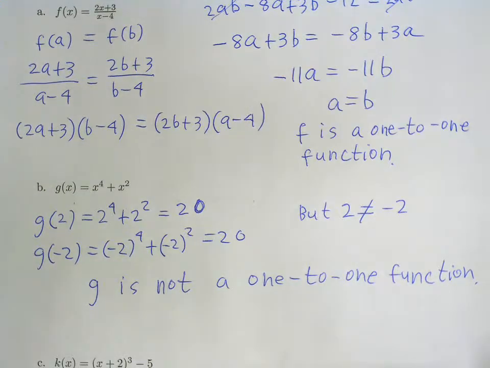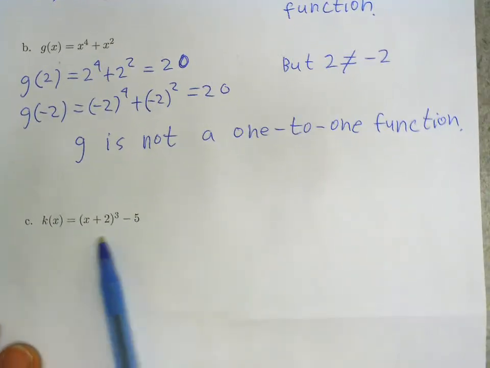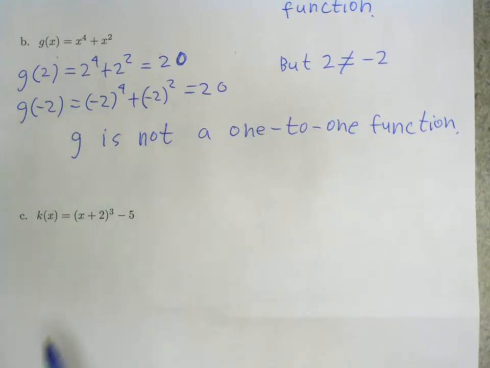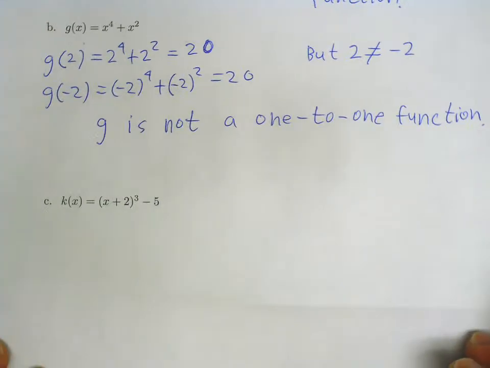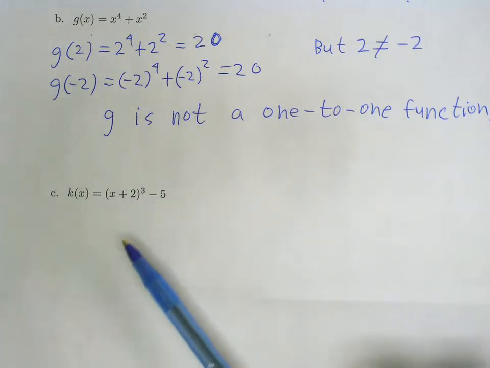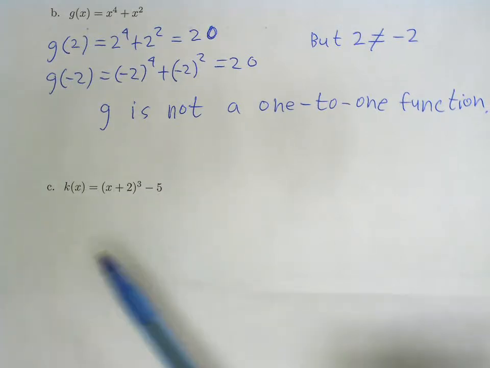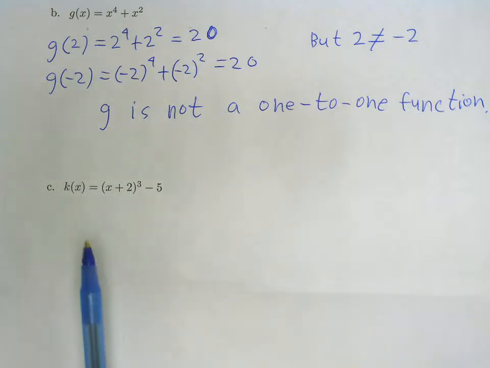Okay, then in the next example, k of x is a degree 3 polynomial function. We know that not all degree 3 polynomial functions are one-to-one. We know of degree 3 polynomial functions that fail the horizontal line test, but some degree 3 polynomial functions are one-to-one functions.